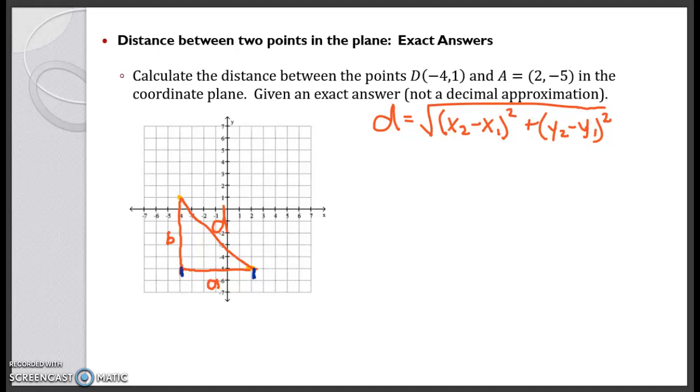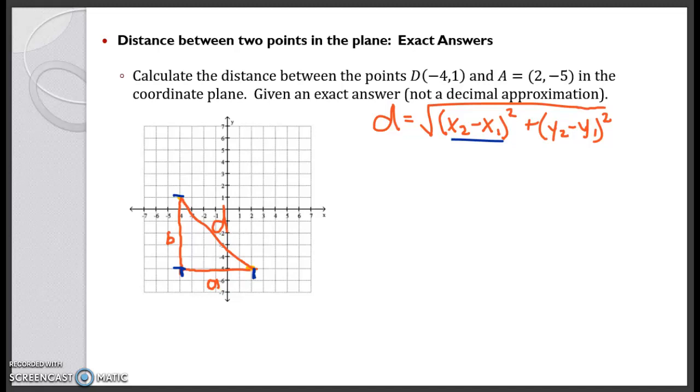We can get that from taking x2 minus x1. That's how you find the distance between 2 horizontal points. Okay, the distance between these ones is just going to be similar. It's going to be that vertical distance, which we get from taking our 2 y values and subtracting them.